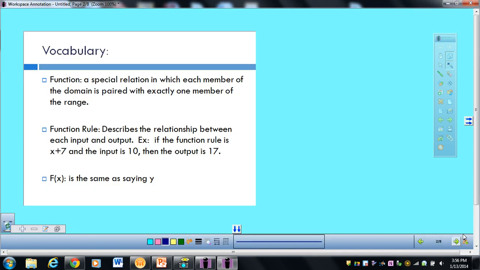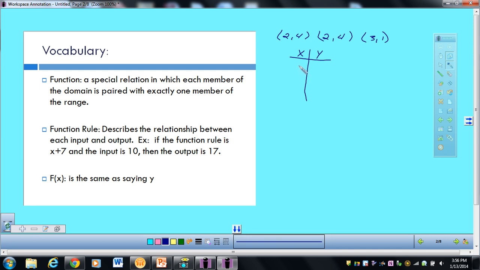Next step, we have your vocabulary, so if you would please put this in your vocabulary box. Again, this is a definition of a function, and this is something you already know. You're given a set of ordered pairs, and let's just say that you had 2, 4, 2, 4, 3, 1. And you would put those in a table or you would graph them to determine if they are a function.